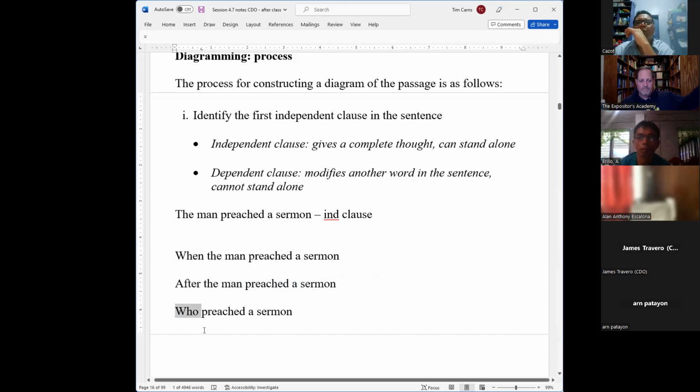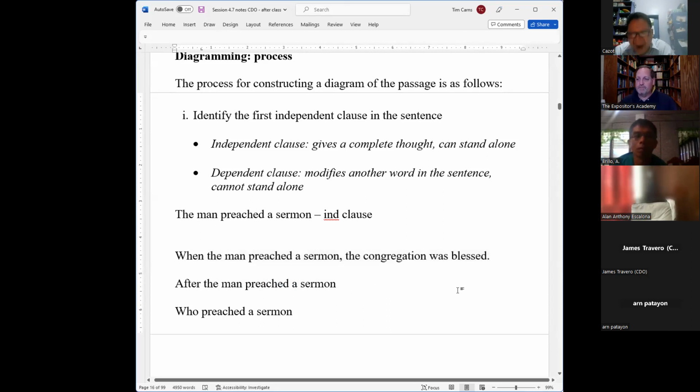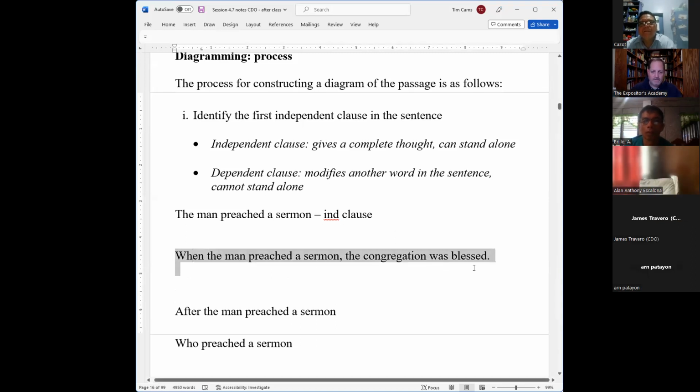But if it's just who preached the sermon, this who is linking it to something else in the sentence. So for example, when the man preached the sermon, the congregation was blessed. There are two clauses in this sentence. One of them is dependent, the other is independent. Which one is the independent clause in this sentence? The congregation was blessed. Yes, very good. The congregation was blessed is independent.